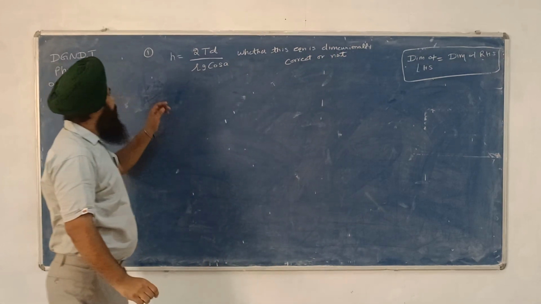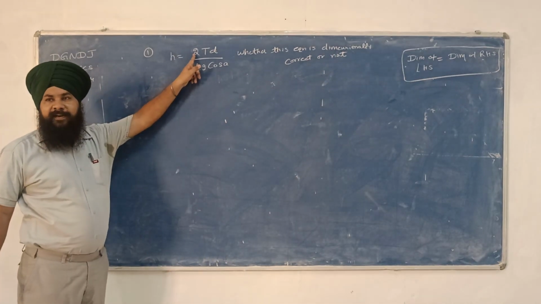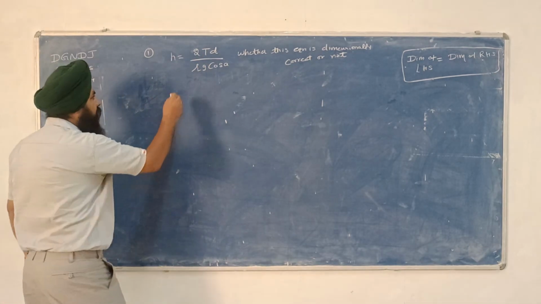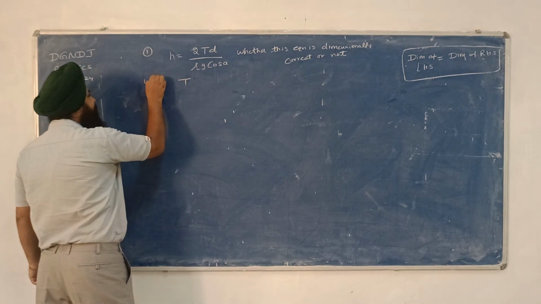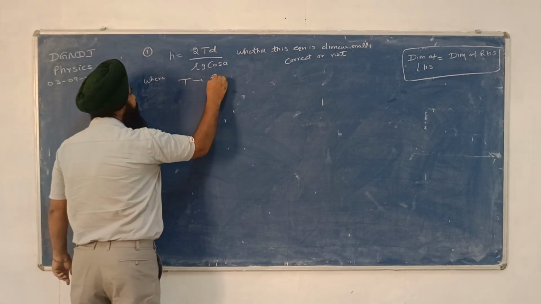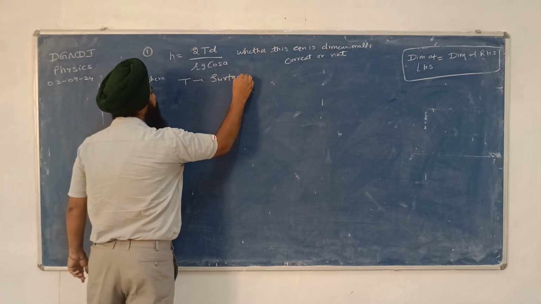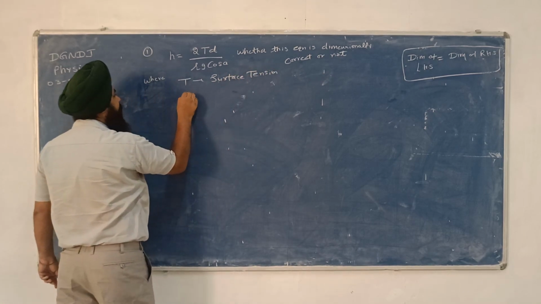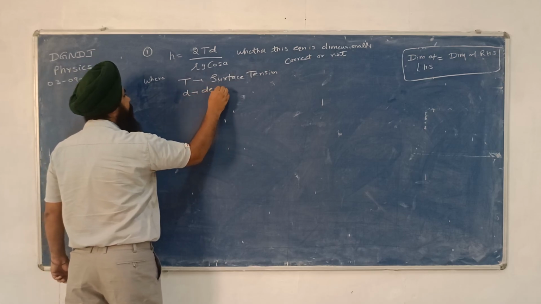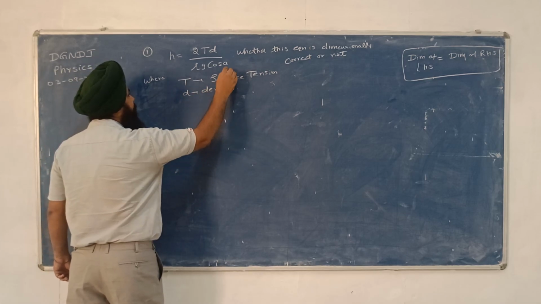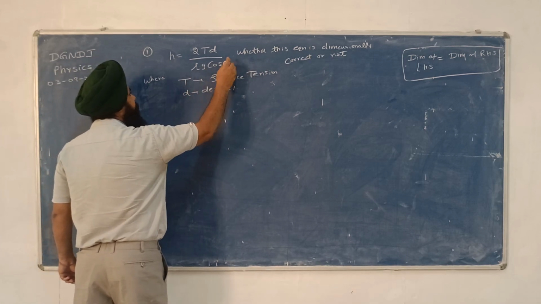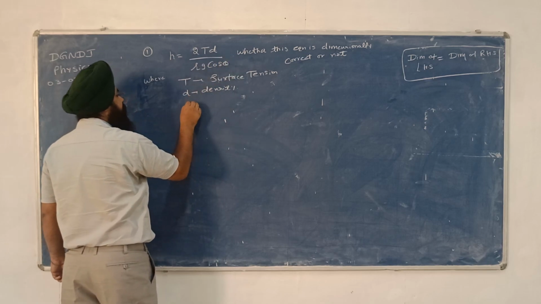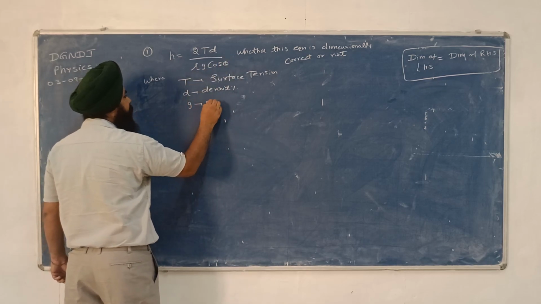Now see, this 2 is a constant. T is the surface tension. D is density. G is acceleration due to gravity.